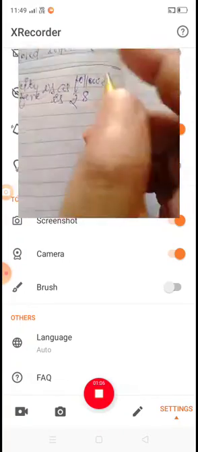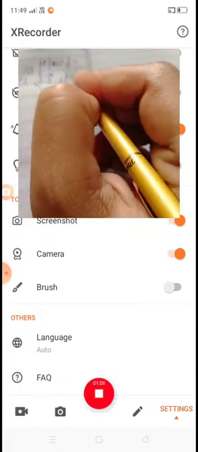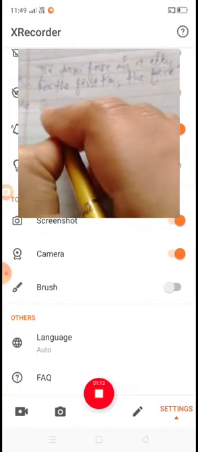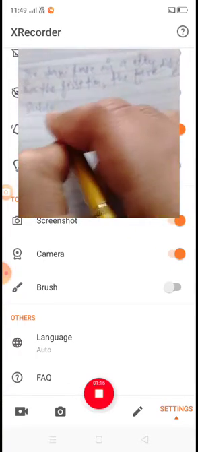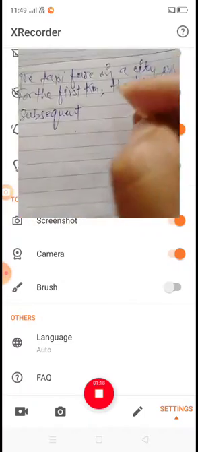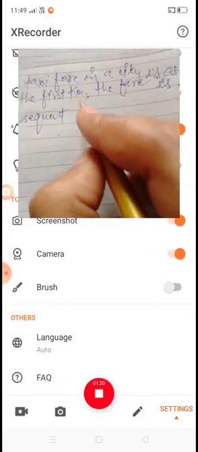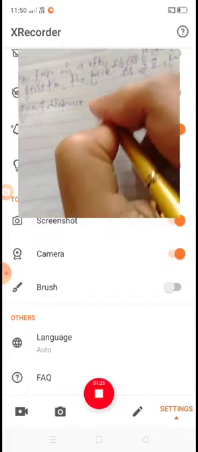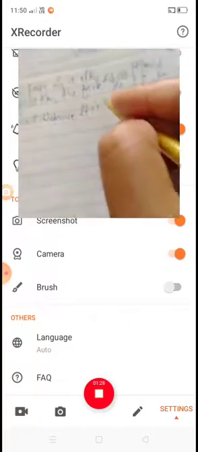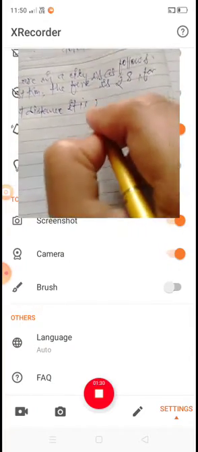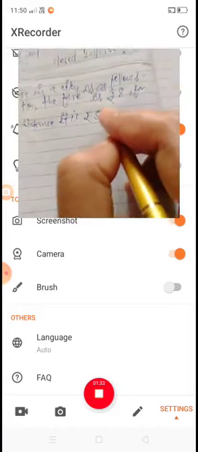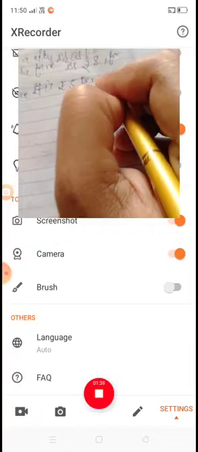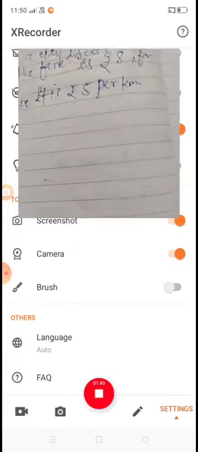For the subsequent distance, it is rupees 5 per kilometer.